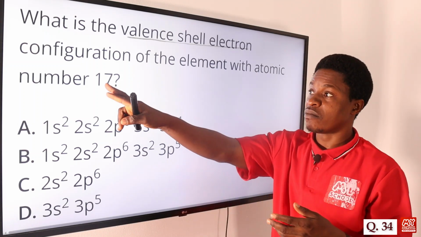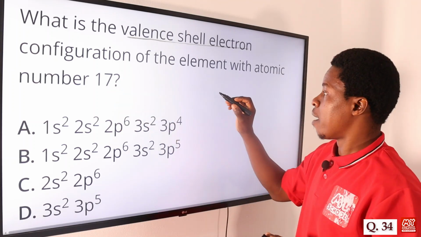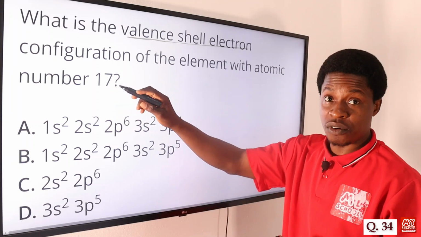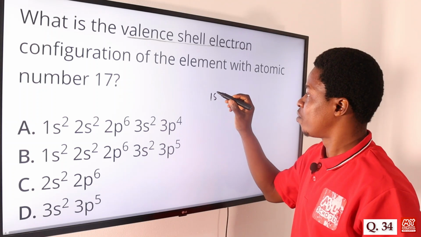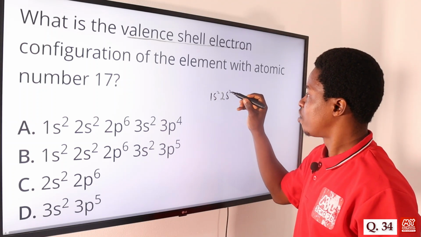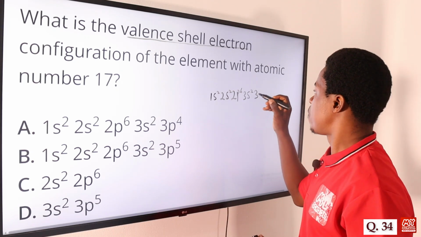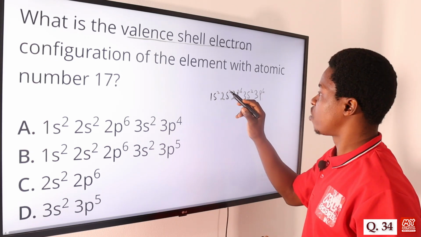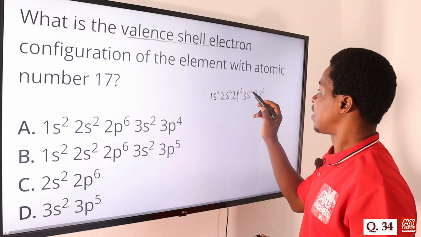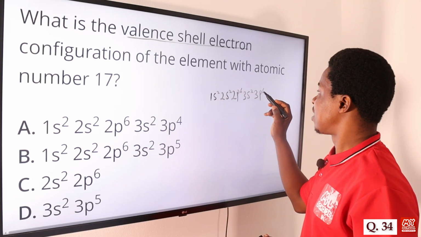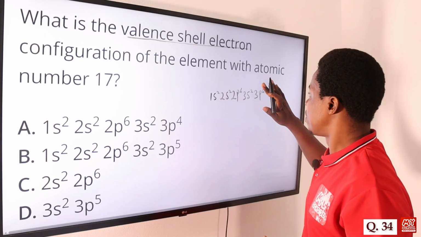Then for 17, which is chlorine, we have 1s2, 2s2, 2p6, 3s2, 3p6. Let's see, 2 plus 2 is 4, plus 6 is 10, 10 plus 2 is 12, 12 plus this is 18.